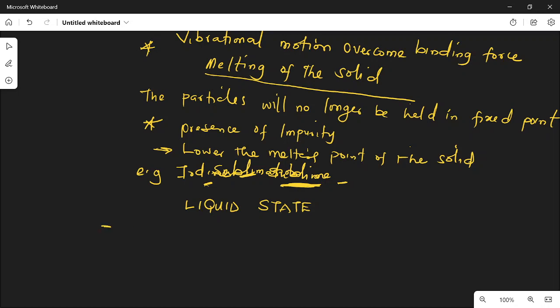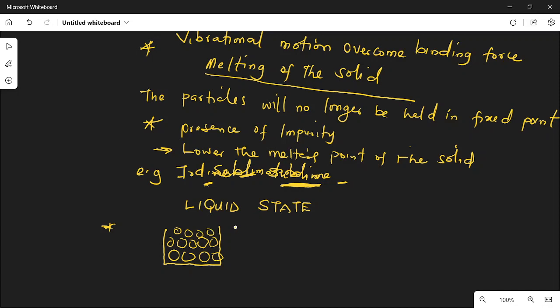The first thing we must understand about the liquid state is that their molecules are not as closely packed as that of solid. We can be having something like this. Just trying to say that there are still spaces in between. There are spaces for liquid.